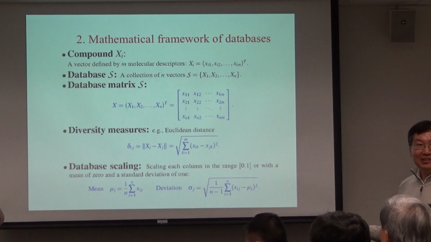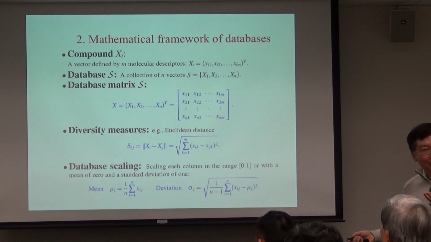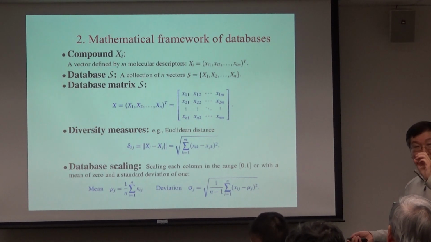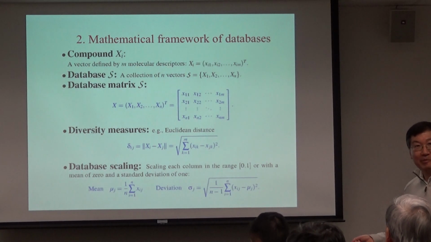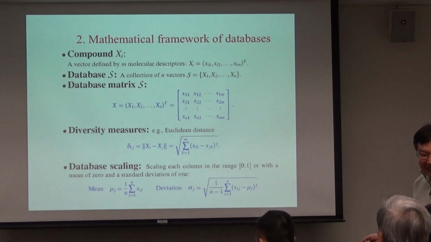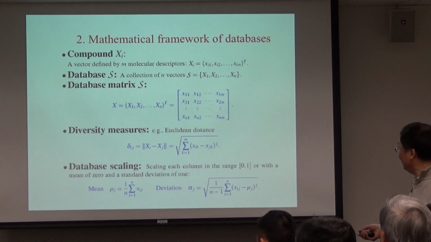Just from the mathematical point of view, I do that. Chemists may use some other norm with some weights, because based on experience, they know which descriptor is more important and should get more weight. I think that's a research area.